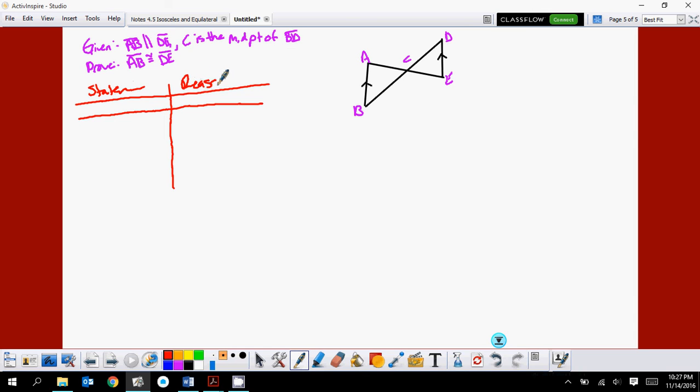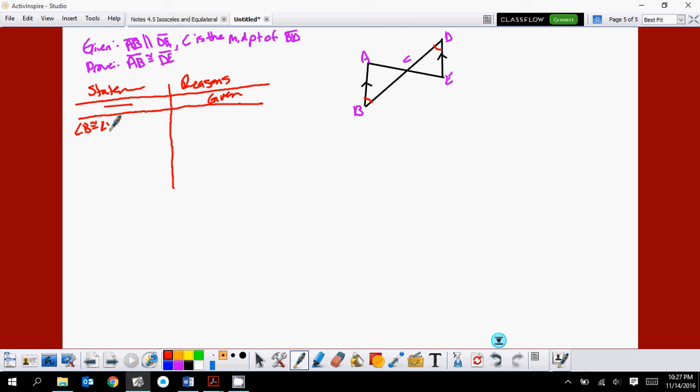I don't need to discuss that any further, and you'll write that out all beautiful like. The next thing that I notice here, I've got parallel lines. As soon as I see parallel lines, it needs to click in my head, alternate interior angles. So I got B and D. So I'm going to say that angle B is congruent to angle D.